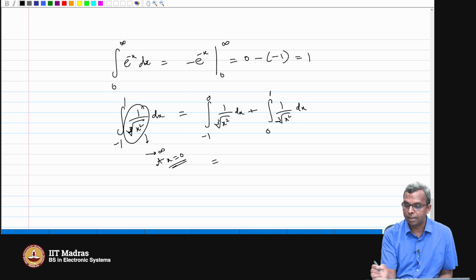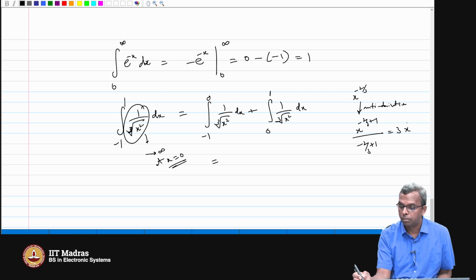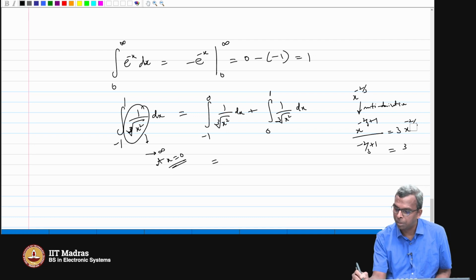So for this, I need x power minus 2 by 3. If you do the antiderivative for x power minus 2 by 3, that will be x power minus 2 by 3 plus 1, divided by minus 2 by 3 plus 1. So that will become 3 times x power 1 by 3.